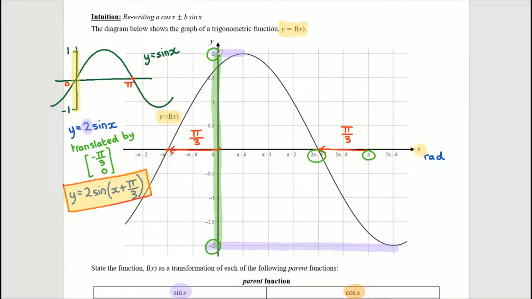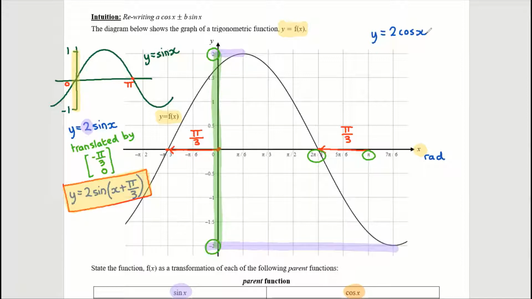So we know that stretch is there. That's been done already. So I know my function, if cosine is going to be my parent function, has to be something along these lines. I know that's not correct, but at least I know my range is correct. So now I've got to look for some kind of translation from the cosine function.